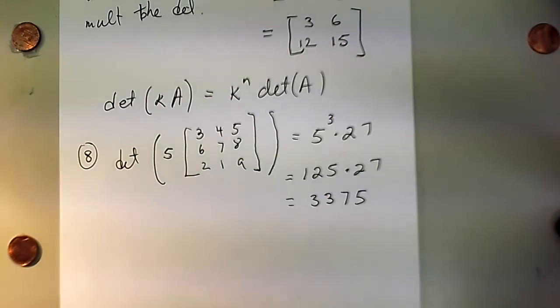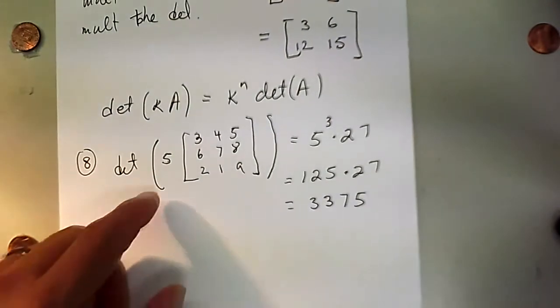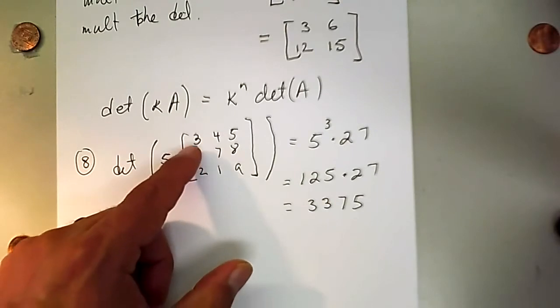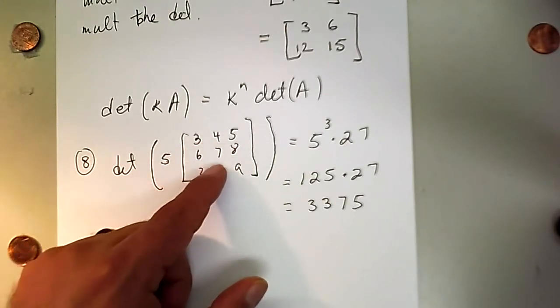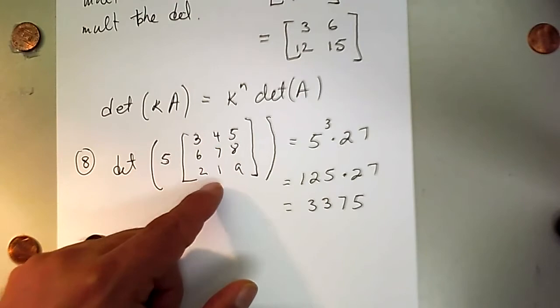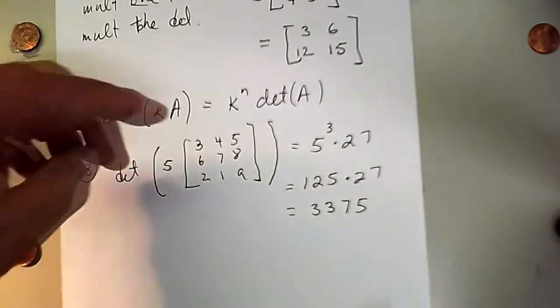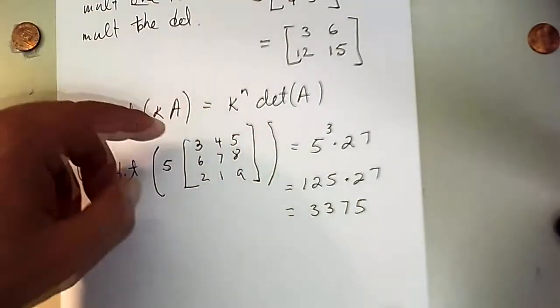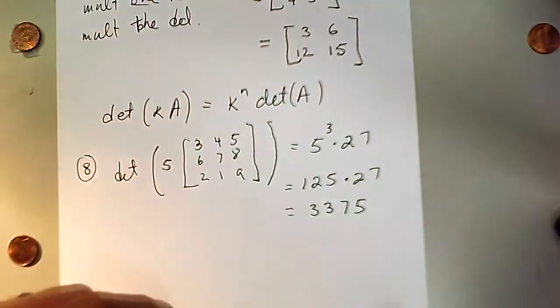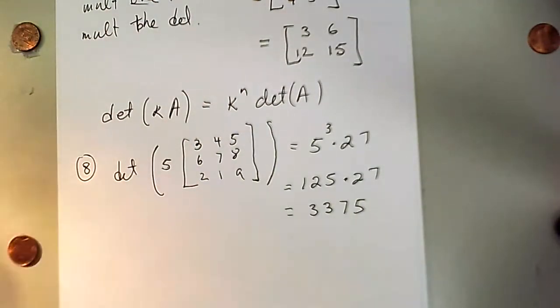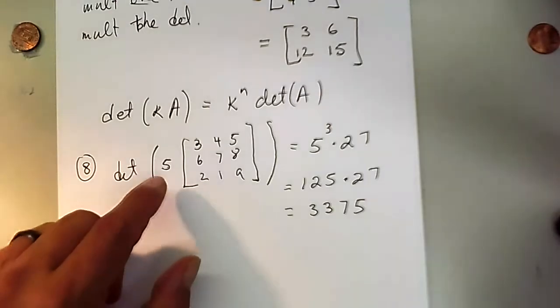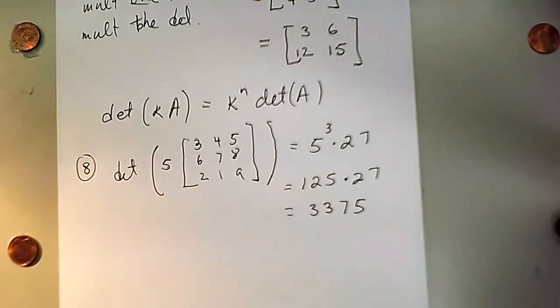Now we are saving ourselves a lot of time because instead of multiplying through 15, 20, 25, 30, 35, 40, 10, 5, 45, and then doing those products, snaking around, and then figuring out the oddity and all that, we can simply just use this formula.